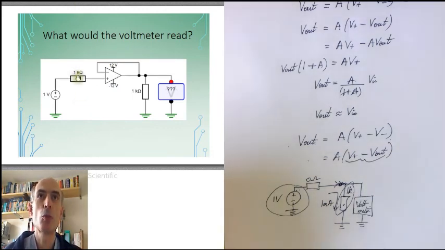Similarly, this 1K resistor could take any value I wanted, and it wouldn't change the fact that the voltmeter here would read the value of the voltage source there. The output resistance of this circuit or the input resistance of any circuit here don't make any difference. The voltmeter would read the voltage source voltage from here. That is the real power of a unity gain buffer like this.